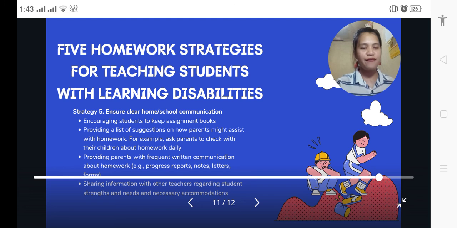Firstly, encourage students to keep assignment books. Secondly, provide a list of suggestions on how parents might assist with homework. For example, if you are the teacher, ask parents to check with their children about homework daily.